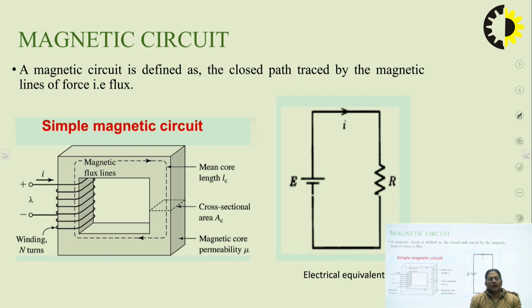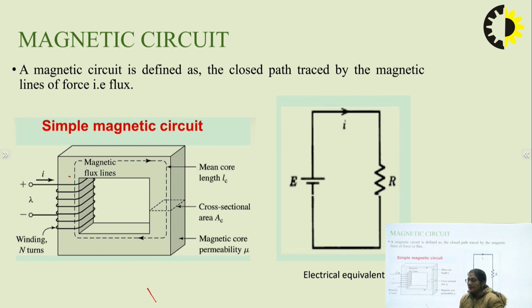Now we need to understand the magnetic circuit to solve them, right? A magnetic circuit can be given by a simple structure: a simple magnetic core having a certain number of turns, having a certain exciting current I. Then definitely N into I gives the MMF, the required MMF for the production of the flux, right? It has a mean core length of LC, cross-section area of A, and magnetic core permeability mu.